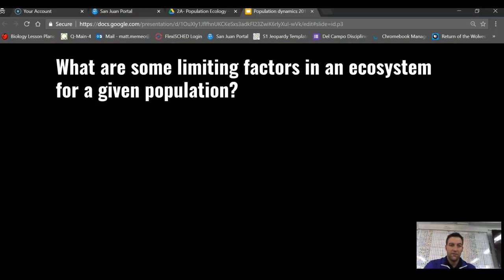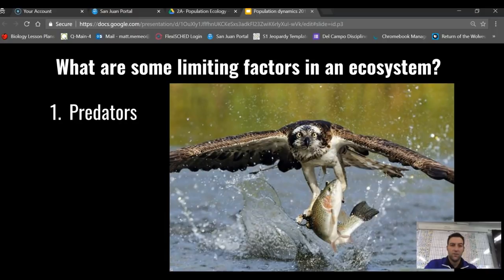And then what are some limiting factors for a given population? We've talked about this a little bit in class already, but just to go over that one more time, if we look at an ecosystem, what are going to be some limiting factors for different populations found in those ecosystems? If we were to list some, predators would be one, so predation.